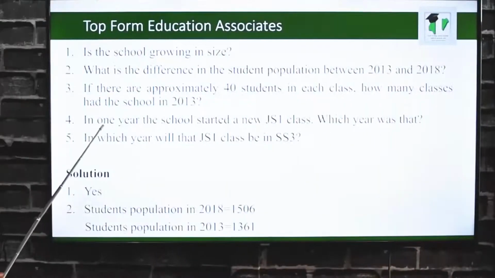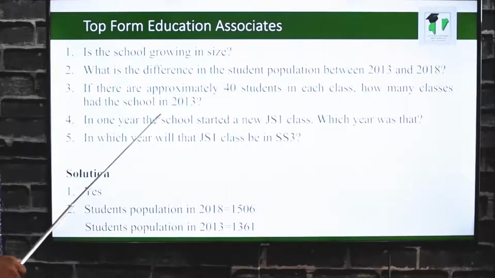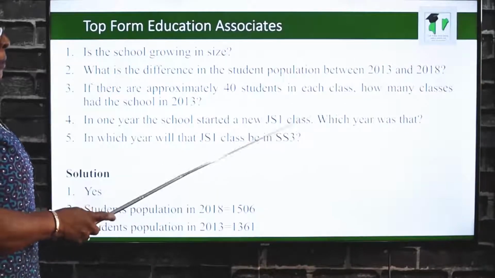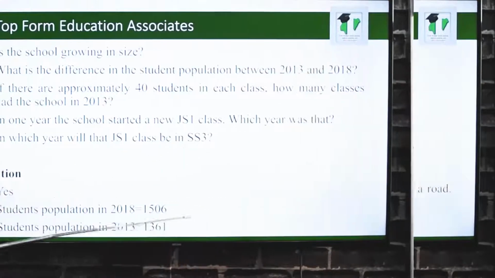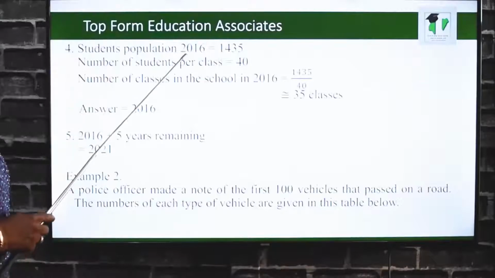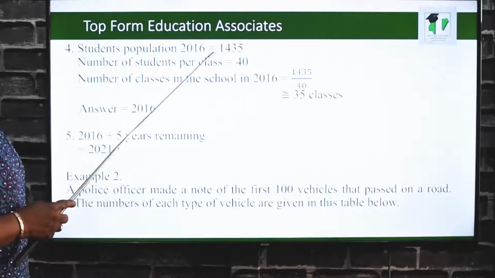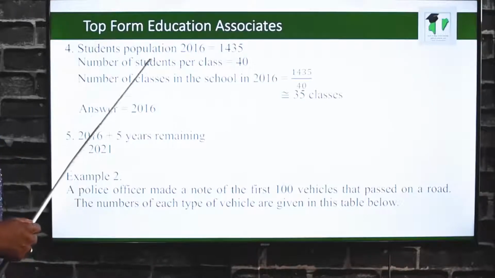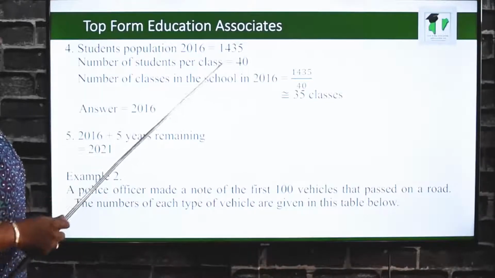Question number 4. In 1 year, the school started a new JS1 class. Which year was that? Students population in 2016 is 1,435. Number of students per class is 40.